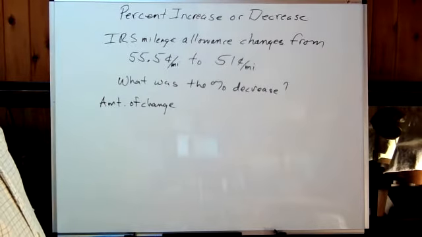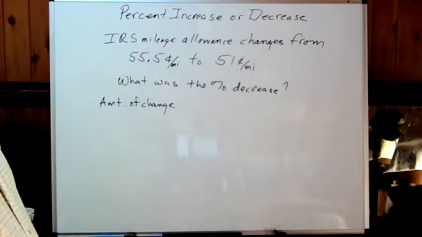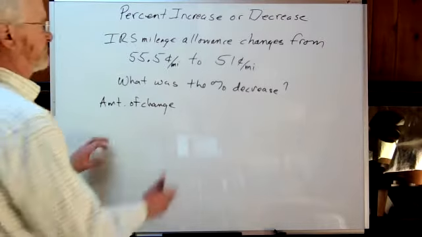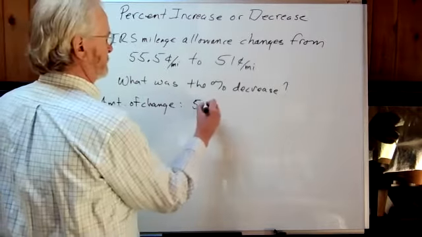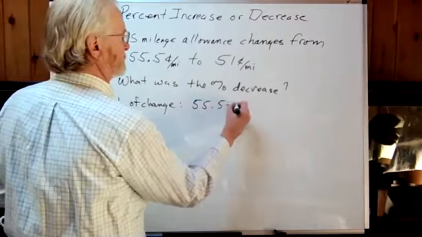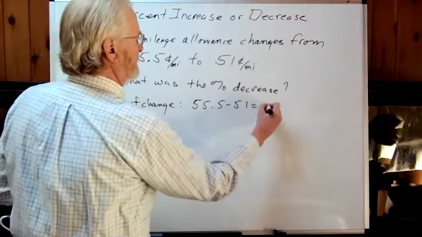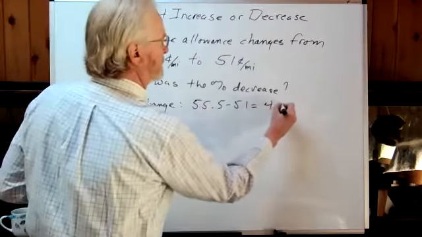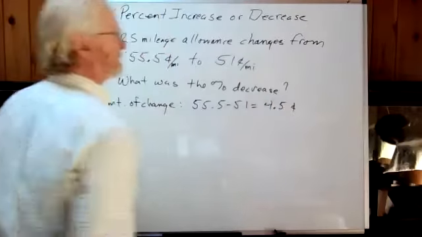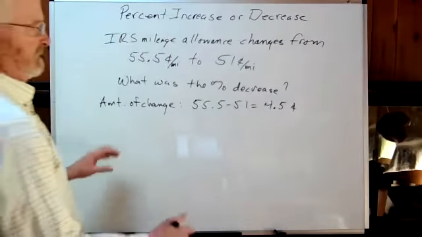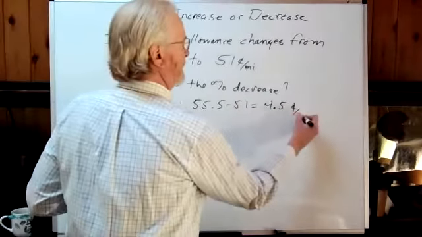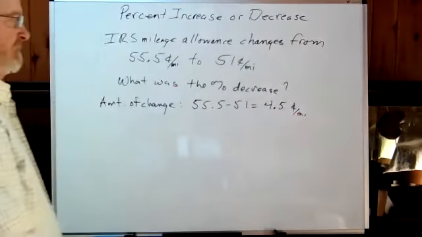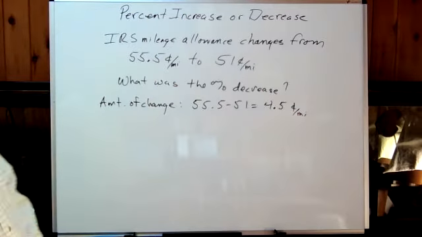So what I'm getting at, it's a big number minus a little number, right? What is that, 4.5 per mile. 4.5 cents per mile. There's my good units there. So it went down 4.5 cents per mile.